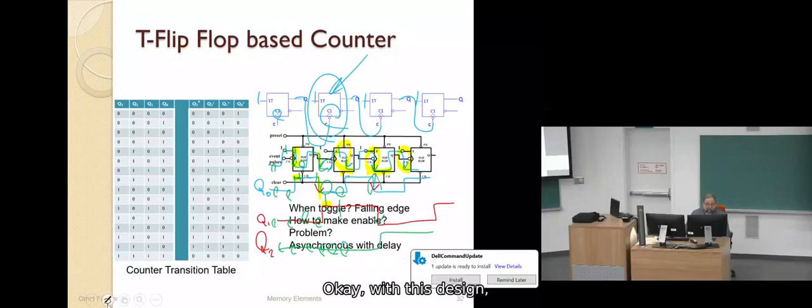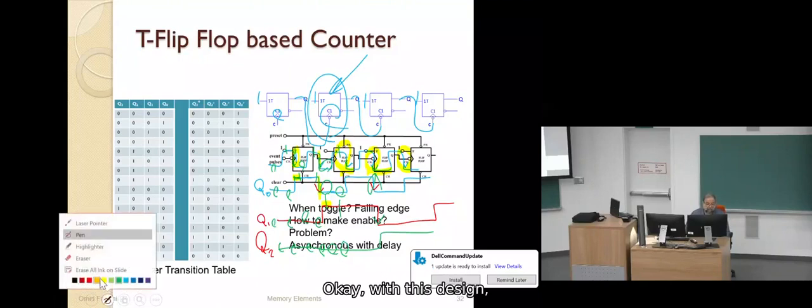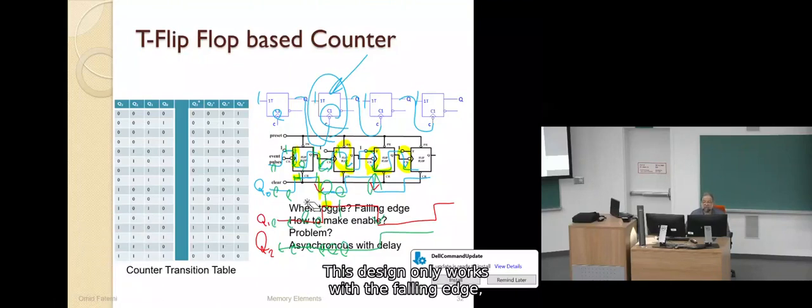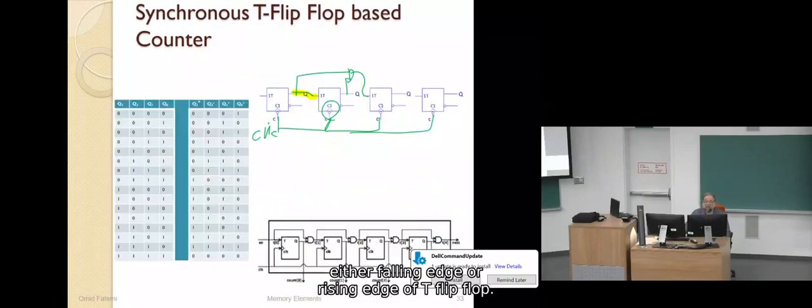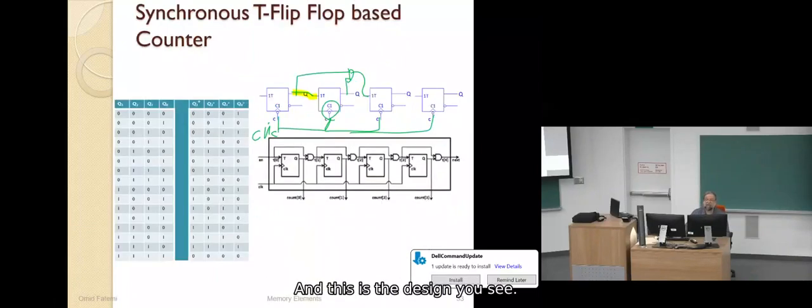So that design only works with the falling edge. But the other design works with either falling edge or rising edge T flip-flops. And this is the design you see.